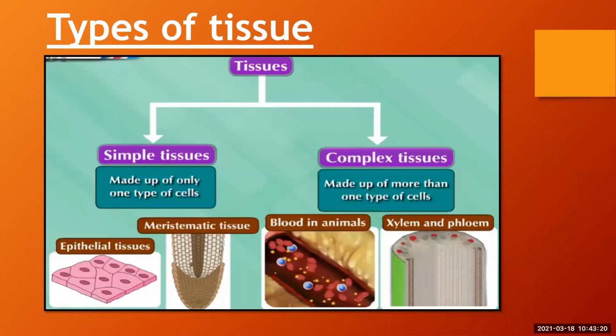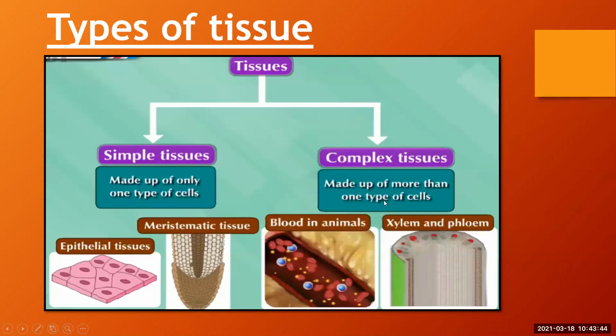Complex tissue is made up of more than one type of cell, for example, blood in animals, xylem and phloem in plants. So tissues are divided into two types, simple and complex.